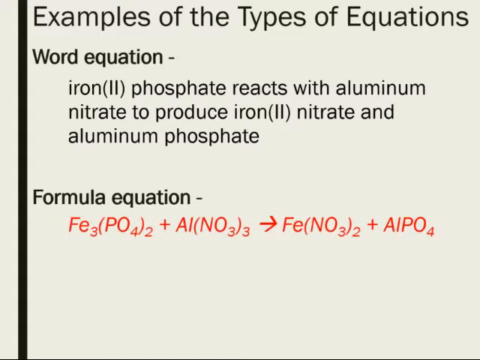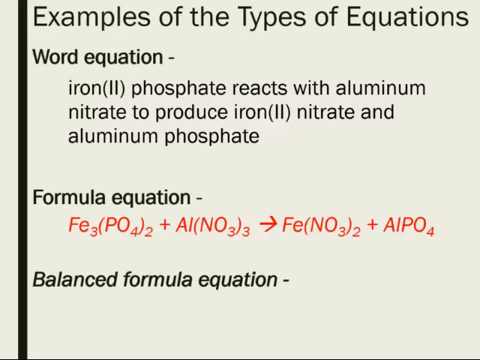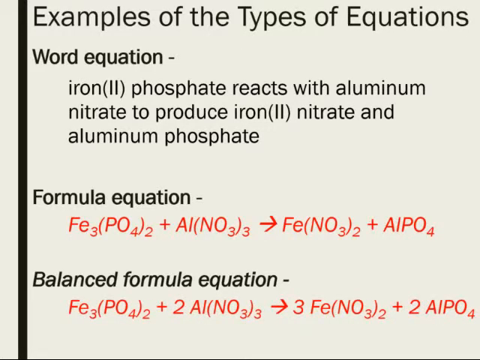We have Fe3(PO4)2 plus Al(NO3)3 reacts to form Fe(NO3)2 plus AlPO4. If we're going to balance this equation to give the chemical equation, we would place coefficients in front of these different species of 1, 2, 3, and 2.